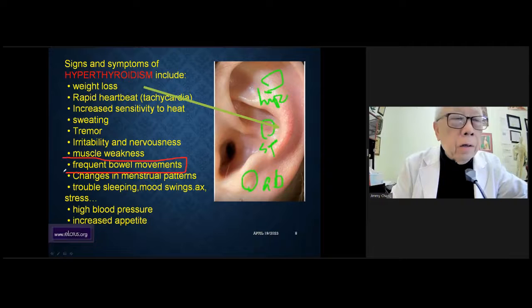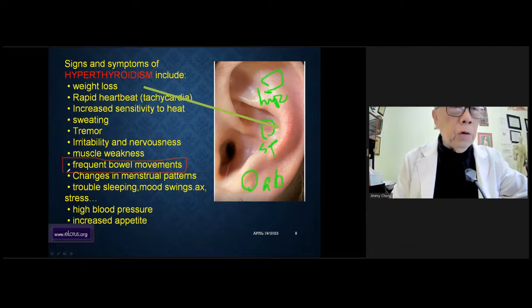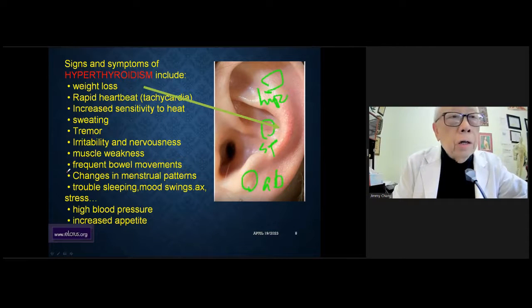Hey, doctor, help me. Naturally, you will think the problem points to the digestive system. You may focus your pulse on one area, on the left-hand guan or on the right-hand guan, according to my second system. Some lady might come up to you and say, I have changes in menstrual patterns.